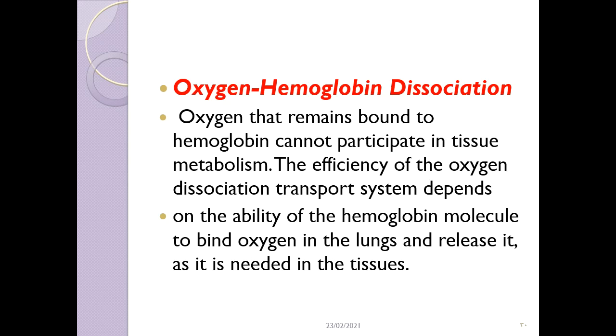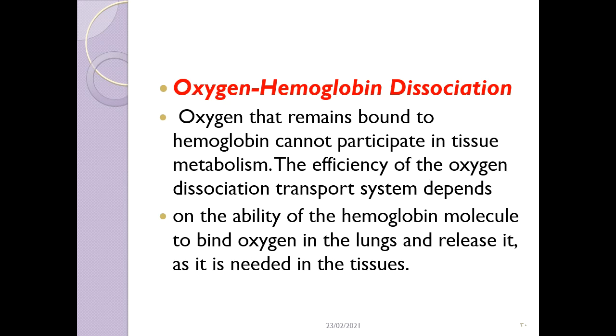we understand that oxygen is carried by the oxygen carrying vehicle, which is the hemoglobin, and we understand that the hemoglobin, when fully saturated with oxygen, can carry about 1.37 mL of oxygen.